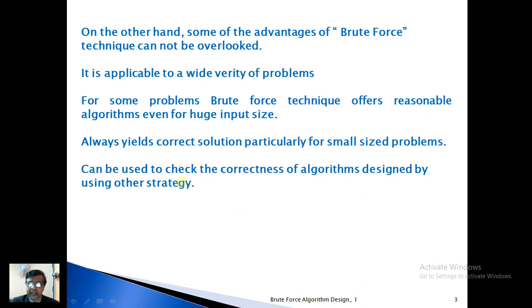It can be used to check the correctness of an algorithm designed using some other design strategy, because there are several strategies, at least 12 strategies available in the literature. To name a few: divide and conquer strategy, decrease and conquer strategy, transform and conquer strategy, greedy strategy, dynamic programming strategy, gradient search strategy, optimization strategy.